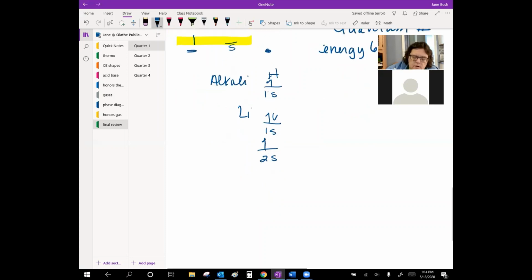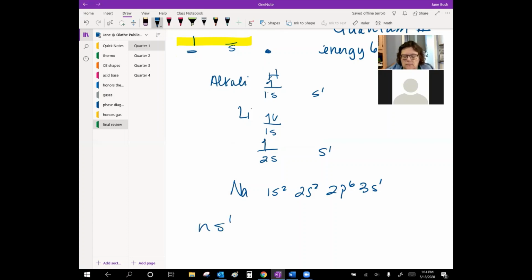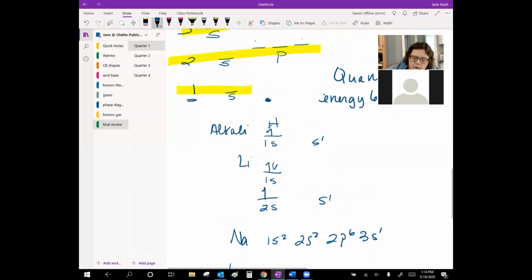And if we did sodium, it'd be 1s2, 2s2, 2p6, 3s1, right? So they all end in s1. So one way of saying that is the alkali metals all have this electron configuration, N meaning which energy level they're in, but they all end in s1. The alkaline earth metals all end in s2. And that's one way you can figure out things about the periodic table. Okay.